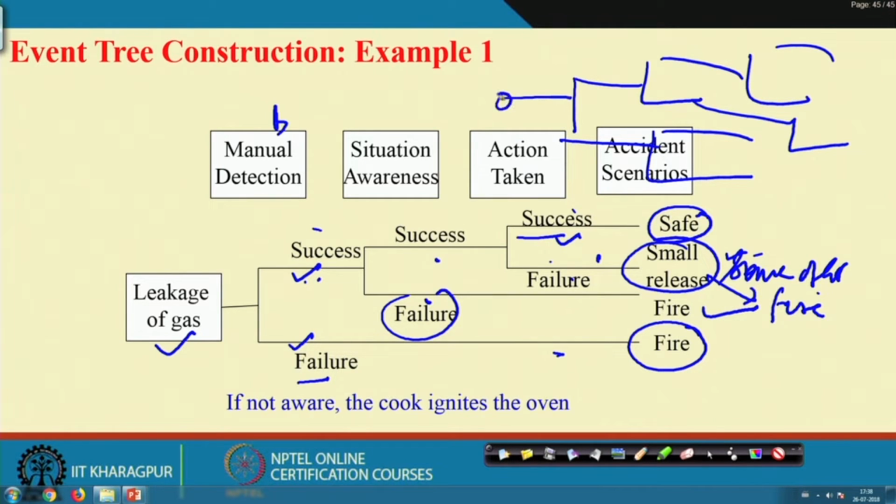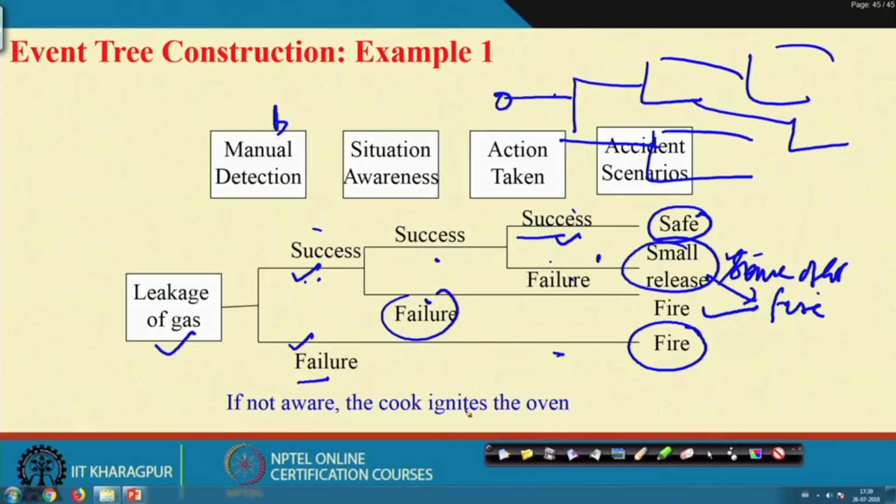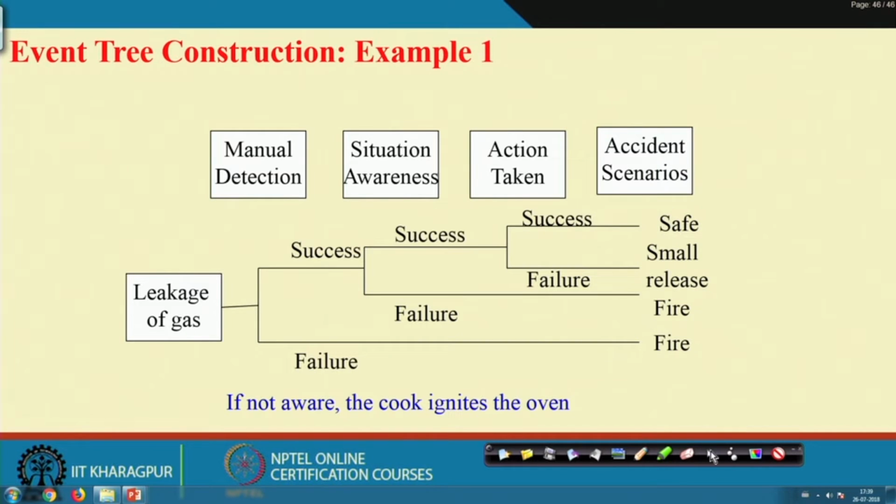So you start with first branching, second branching, there will be multiple branches, but usually under the failure case the branching is not done, because it is obvious that if the first level fails, the second level onwards may not be successful. But please remember, this is the concept only. Whether you end here without branching or you go for branching, again you brainstorm with the team and find out, but this is the procedure.